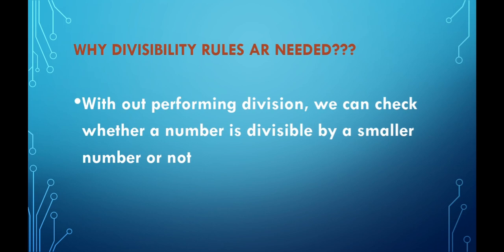So for that, these rules have been set so that without dividing, only by looking at the number, you can check whether a number is divisible by a smaller number or not. And it is only possible when the divisor is smaller. That means, as I have given in the chart, you can see, right?